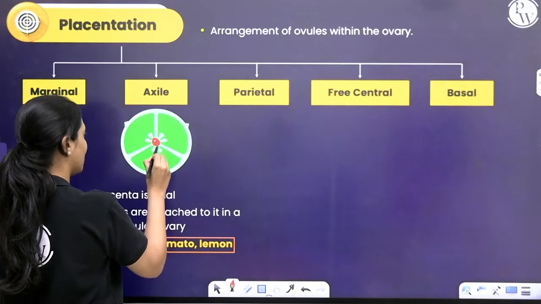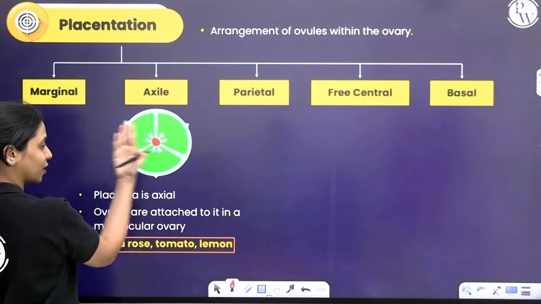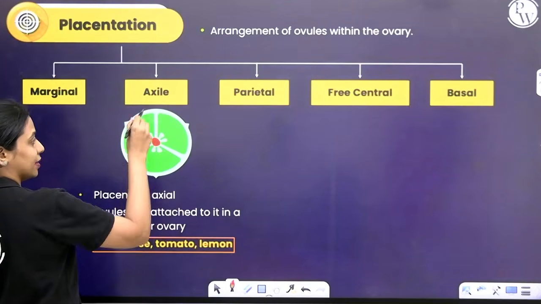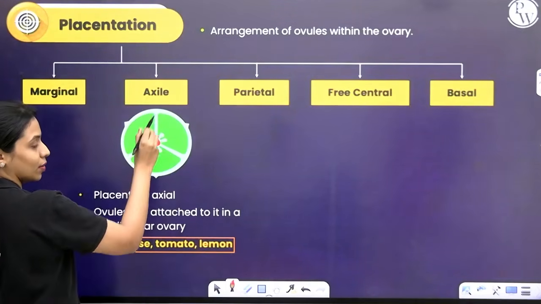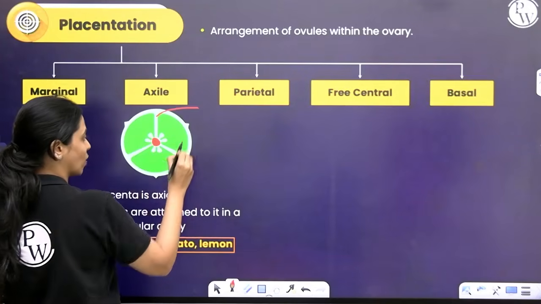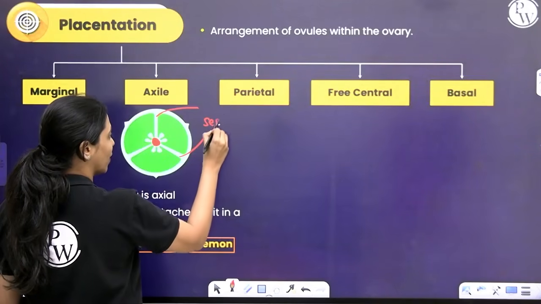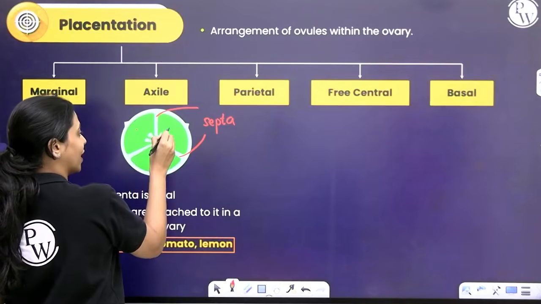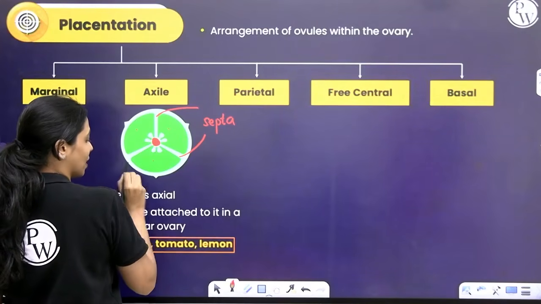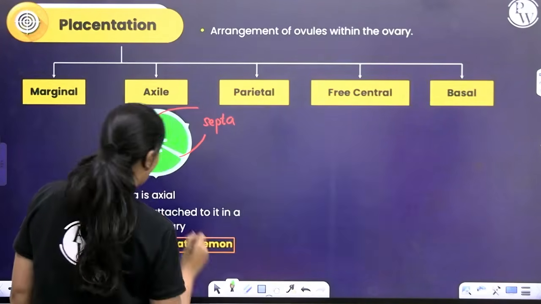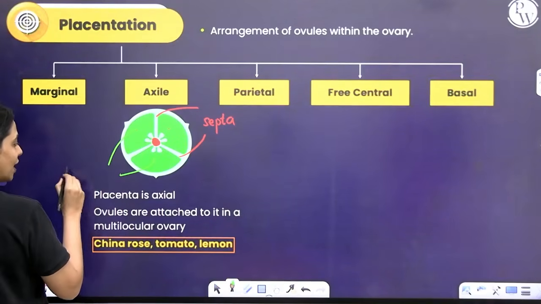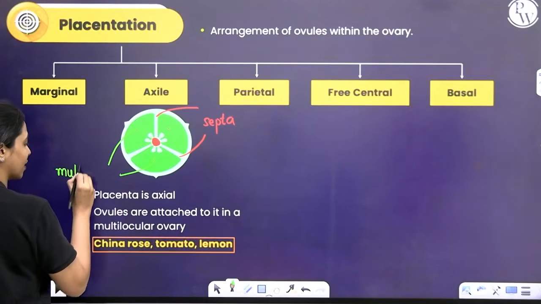If you look at the ovary here, we have taken a transverse section of the ovary. Here there are many septa present. These are called septa. Because inside the ovary many septa are present, the ovary is divided into many chambers. Because the ovary has more than one chamber, we say that the ovary is multilocular.